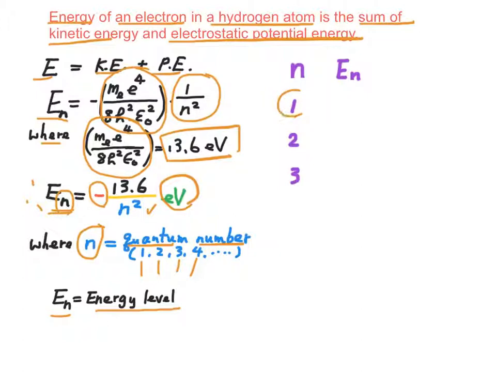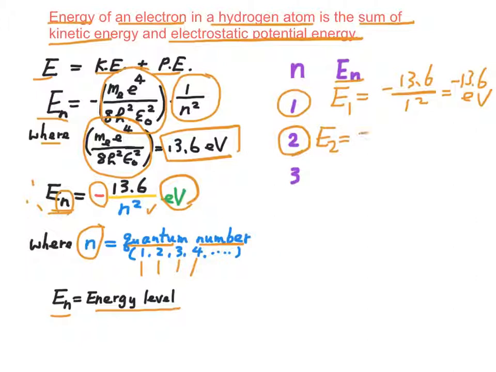For n equal to 1, we have the energy E1 equal to negative 13.6 over the square of 1 equal to negative 13.6 eV. For n equal to 2, we have E2 equal to negative 13.6 over the square of 2 equal to negative 3.4 eV.